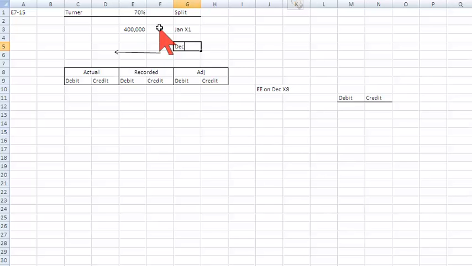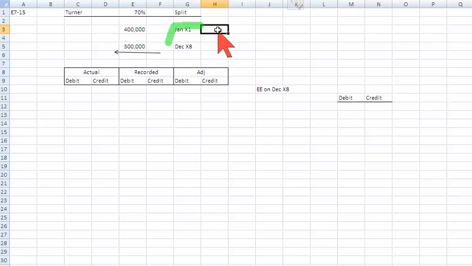And on December X8, the arrow signifies which way it went, upstream. Turner bought it for $300,000. Now it says that it was depreciated over 20 years when it was originally purchased on this date.